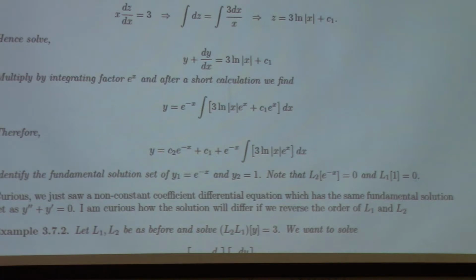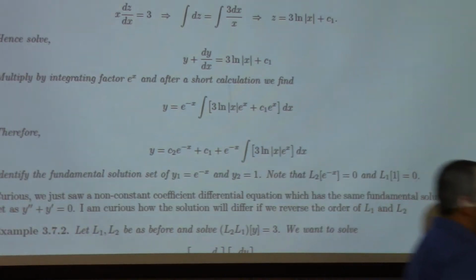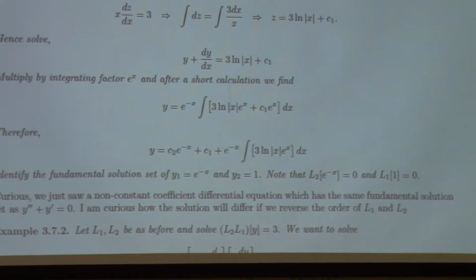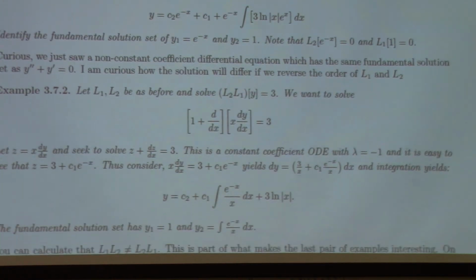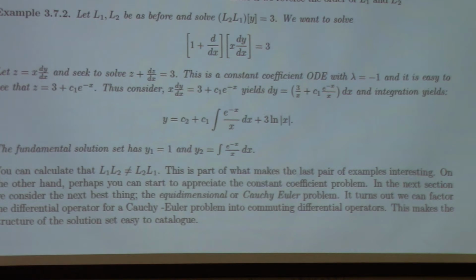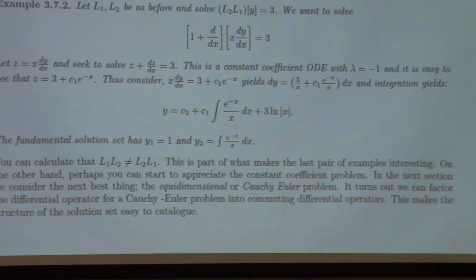So we might wonder what we could say nicely here. Before I did the same operators, L1 and L2, but written the opposite way, L2 L1, and when I do it that way, I end up with a different solution. You see it right there. That's quite a different solution set, a different differential equation.